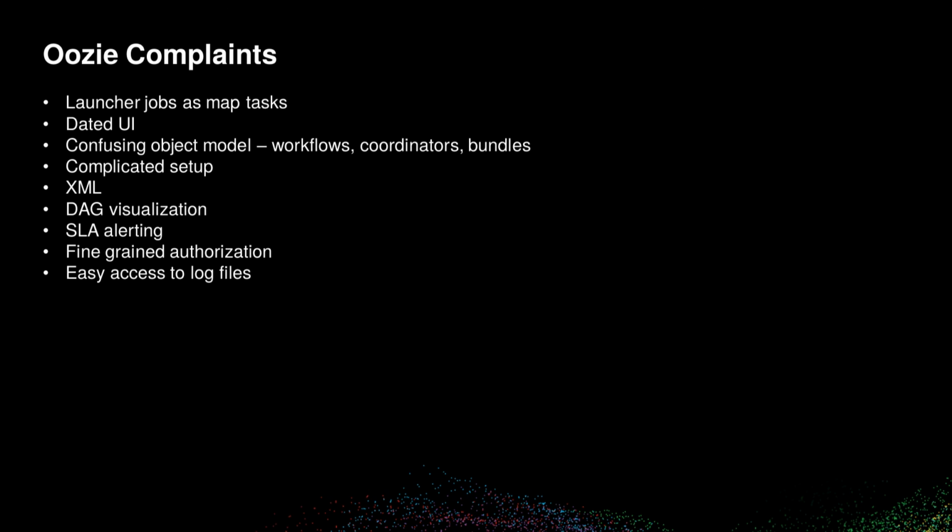There's a very dated UI that comes with Oozie. Confusing object model, as I mentioned already. Complicated setup. You've got to deal with XML. DAG visualizations are also dated. There's no SLAs. That's a common misconception. There's no fine-grained authorization, and there's no easy way to debug things when they break. And they break a lot, right? So I'm a long-term user of Oozie, and I want to destroy my laptop sometimes.